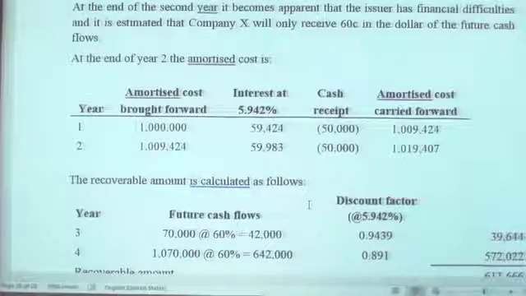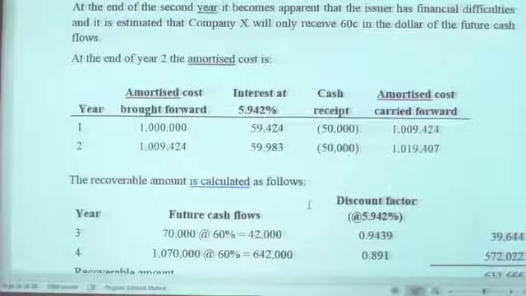We are the investor, and the issuer is the investee who is responsible to pay us. When he faces financial difficulties, that means he dropped into stage 3 of the impairment timeline. Stage 3 means you are required to recognize the impairment as a reduction of the asset value. This happened at the end of the second year.